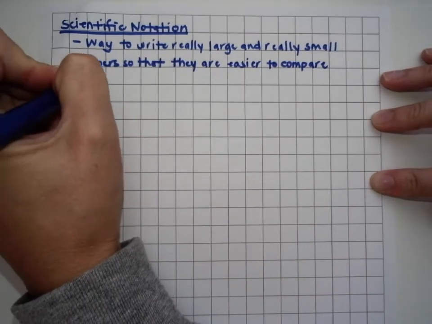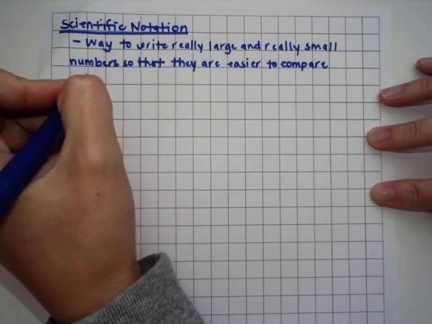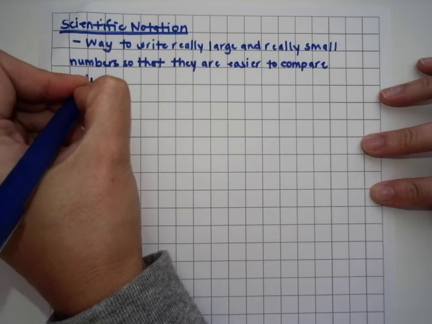And numbers in scientific notation must be written in the form a times 10 to the nth power.